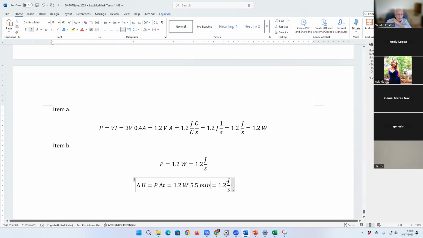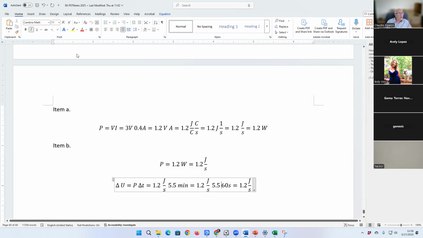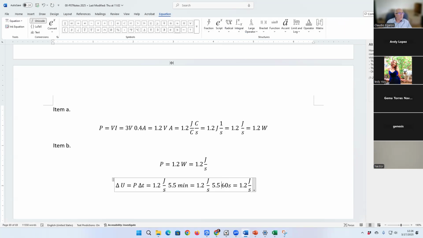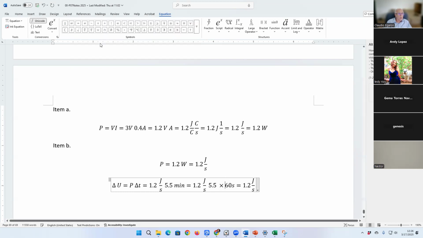I'm going to emphasize that this watt is joules per second. Consequently, we must change this unit to seconds. 1 minute has 60 seconds.